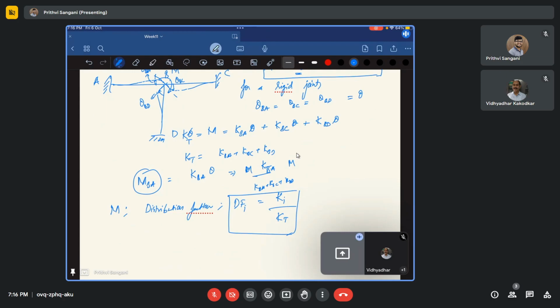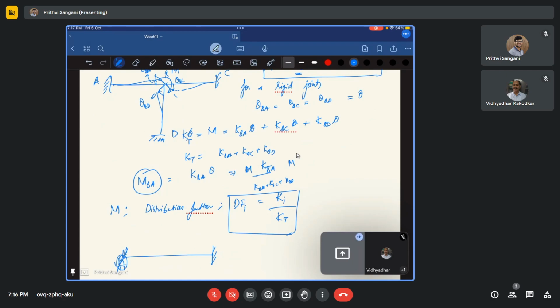So what is the carryover factor? Let us suppose I have the same thing, a pin support. The reason why I'm applying a pin here is that pin supports generally rotate, right? Otherwise, I can even show that my fixed support has rotated, maybe there is some settlement or rotation in the support, something like that.